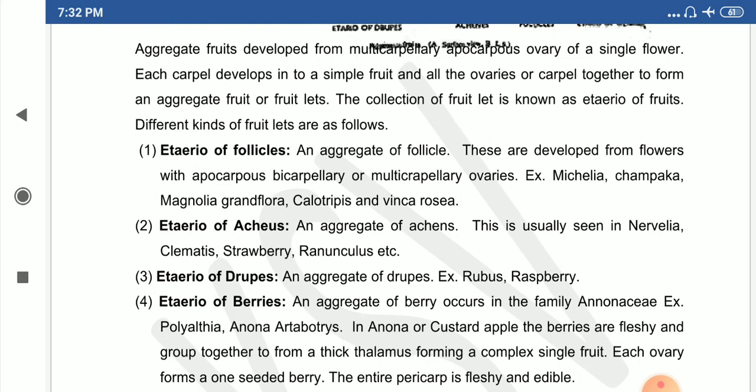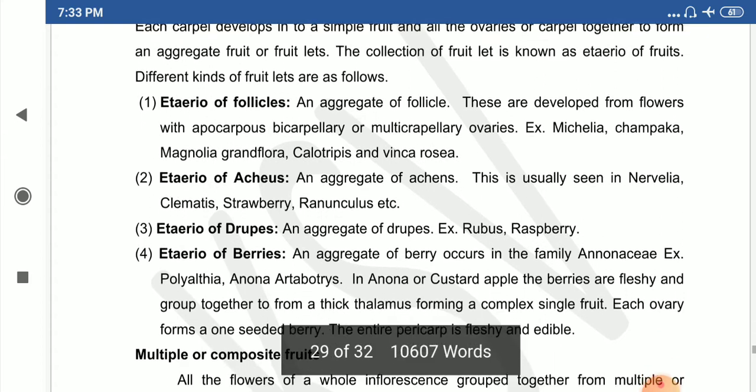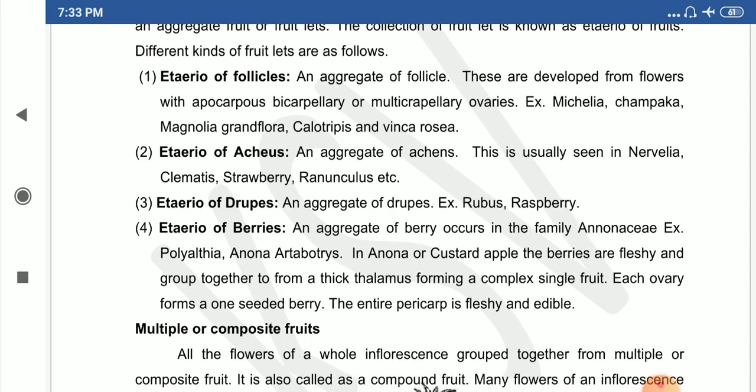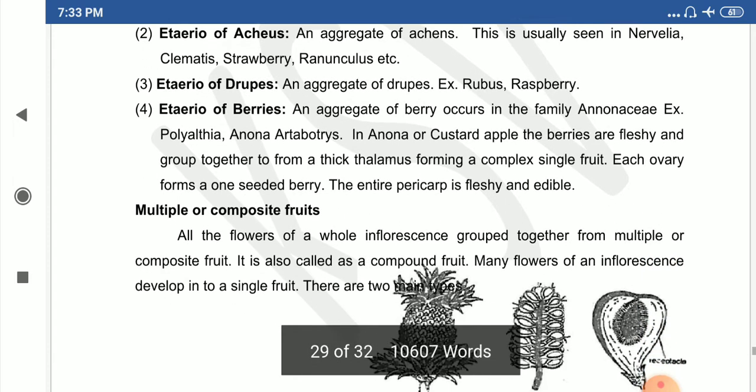The aggregate of drupes is called etaerio of drupes, for example raspberry. And etaerio of berries means the aggregate of berries. Family Annonaceae is a best example, Polyalthia longifolia, in which etaerio of berries will be formed.